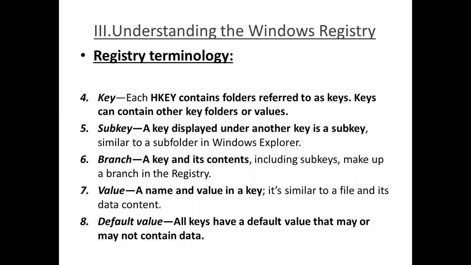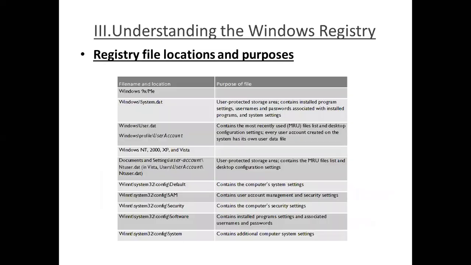Then you have something called a branch. A branch is the same thing: whatever the key has, all its contents, the subkeys and their contents. When you take it as a whole with the values, it is called a branch. And you know what a value is? It is the data, and default values are also available here.